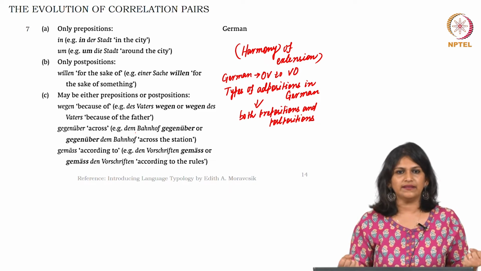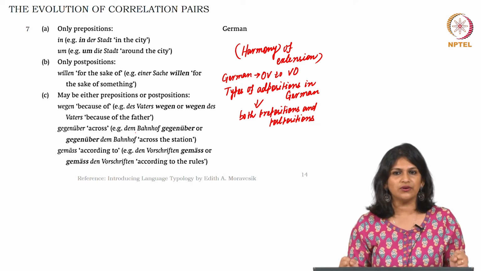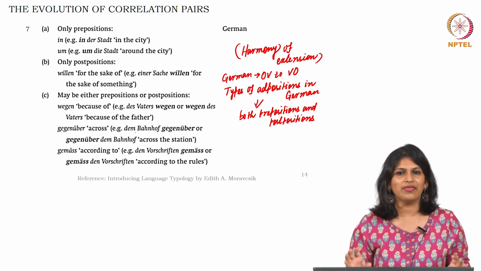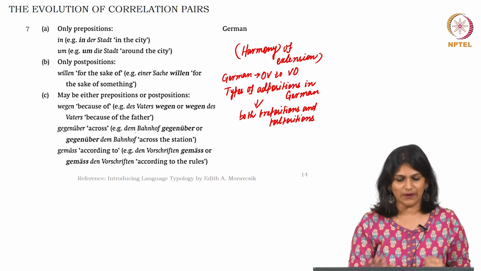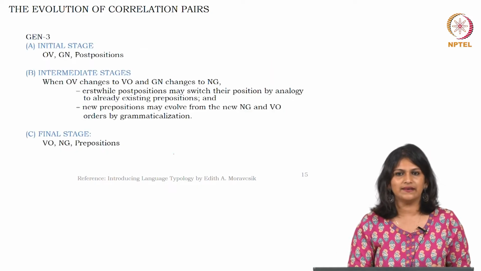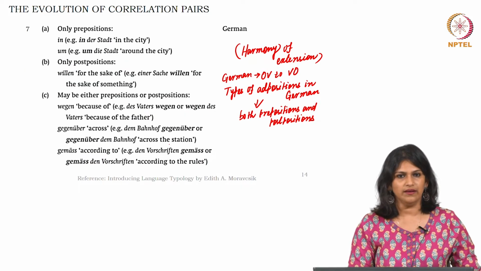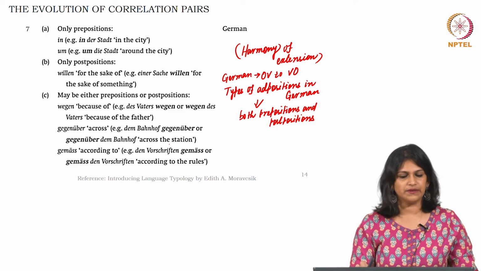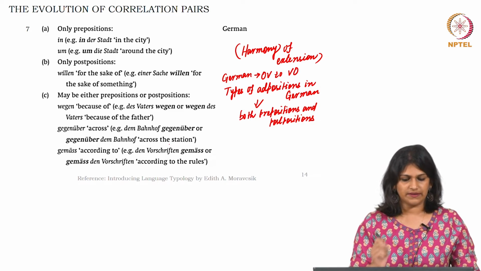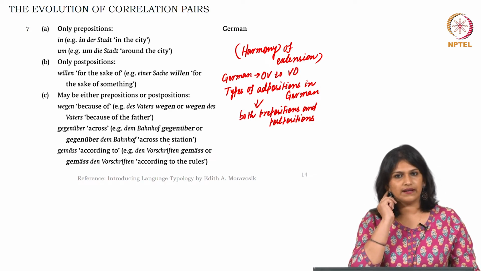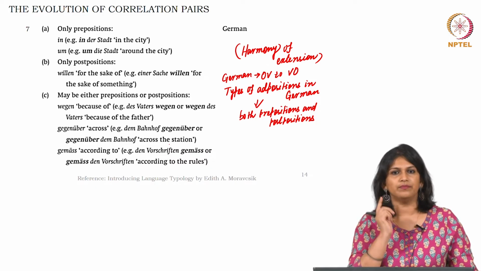Between this postposition and preposition story, there would be a third group of adposition. What is that group, what kind of adposition is it, we will check in a while. So, let us look at the data. This is the German data that we have. We just discussed either it will be a preposition or a postposition.